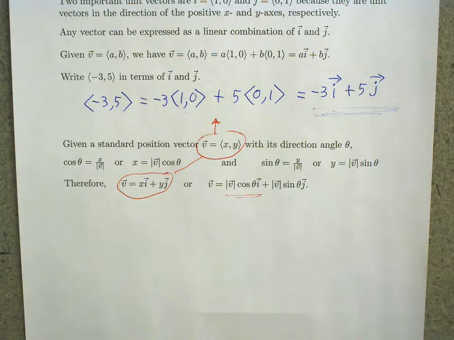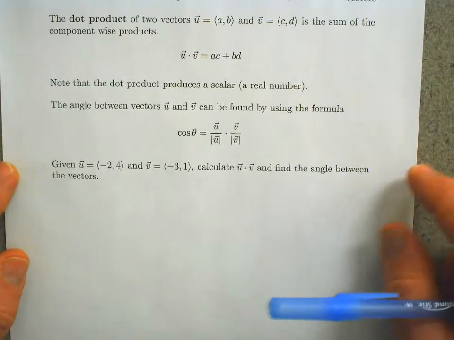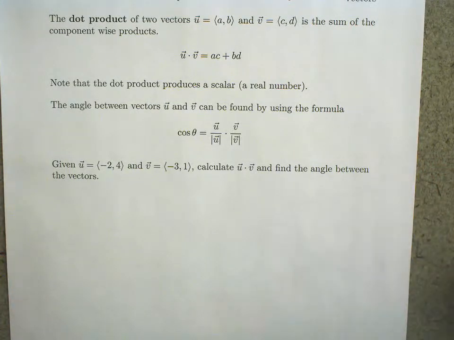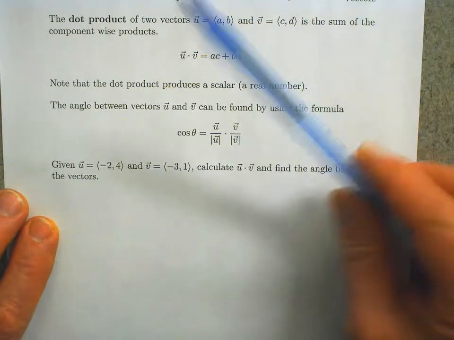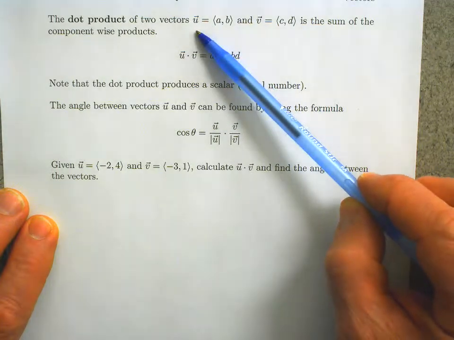Okay, the last topic for the summer session is the dot product of two vectors. And this is pretty easy. The dot product of two vectors in component form.